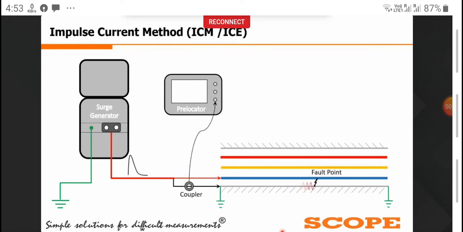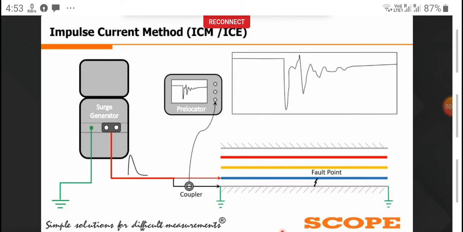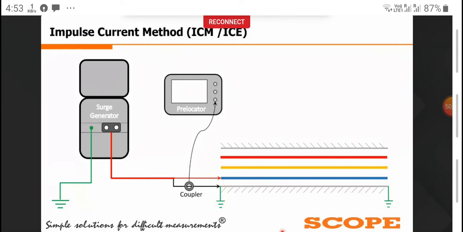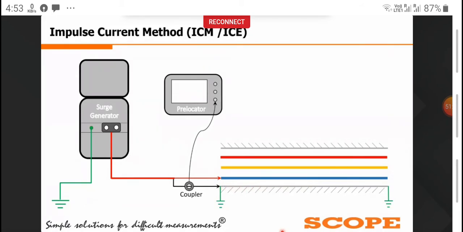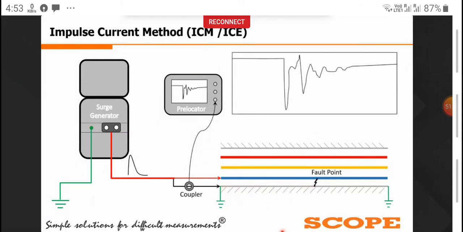We also connect a current coupler to the prelocator. Whenever we send the high voltage pulse into the cable, an arc is produced at the fault point, and due to this temporary short circuit, a current transient is produced which travels along the cable sheath.